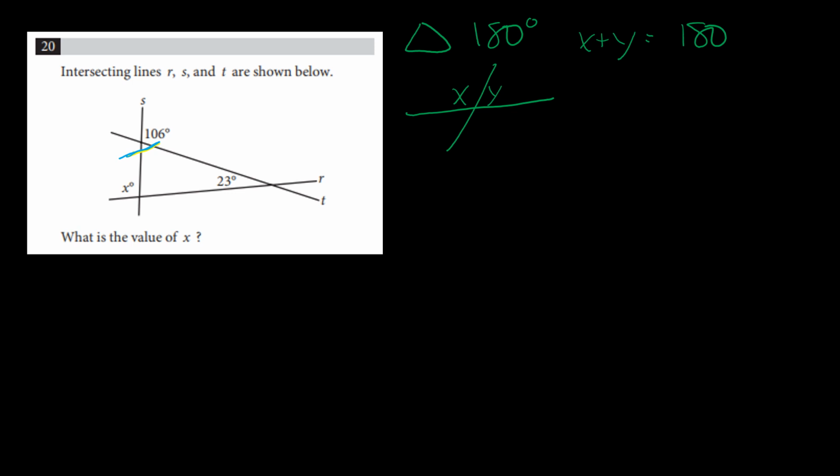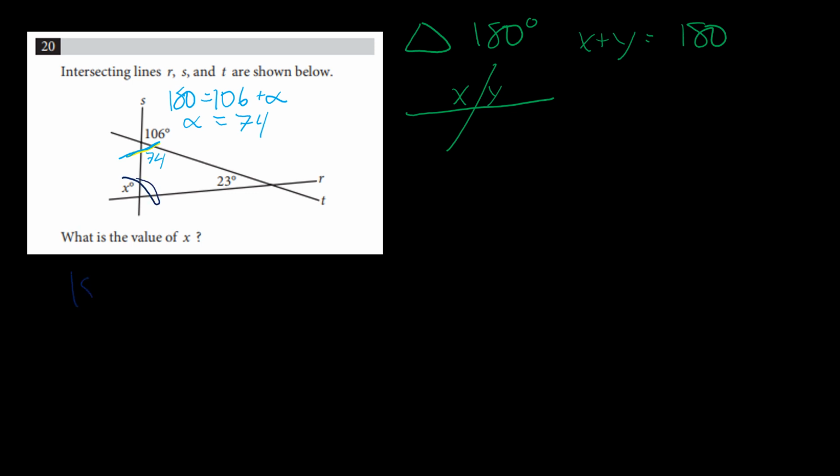Right there, that is going to be 180 equals 106 plus that angle, we'll call it alpha. Subtract 106 over, that angle alpha is going to be, and alpha is just an obscure number here, 74. So we'll call that angle 74. Now we need to get ourselves this angle right here.